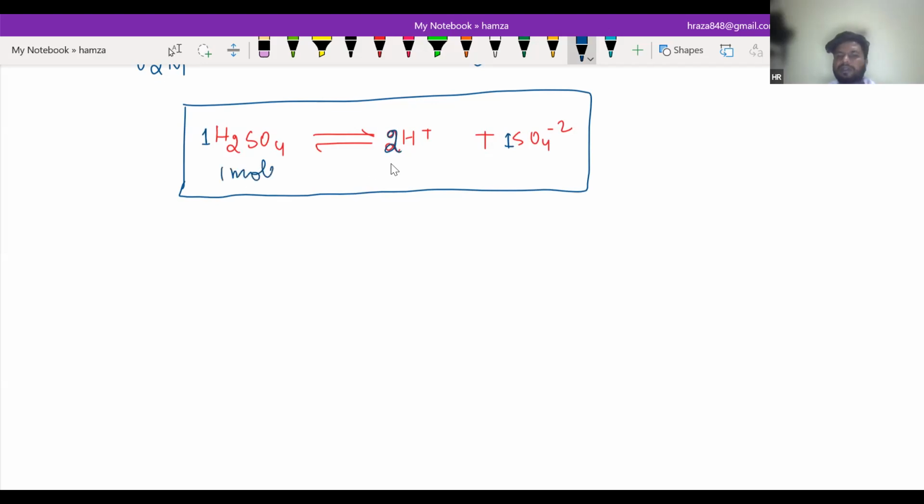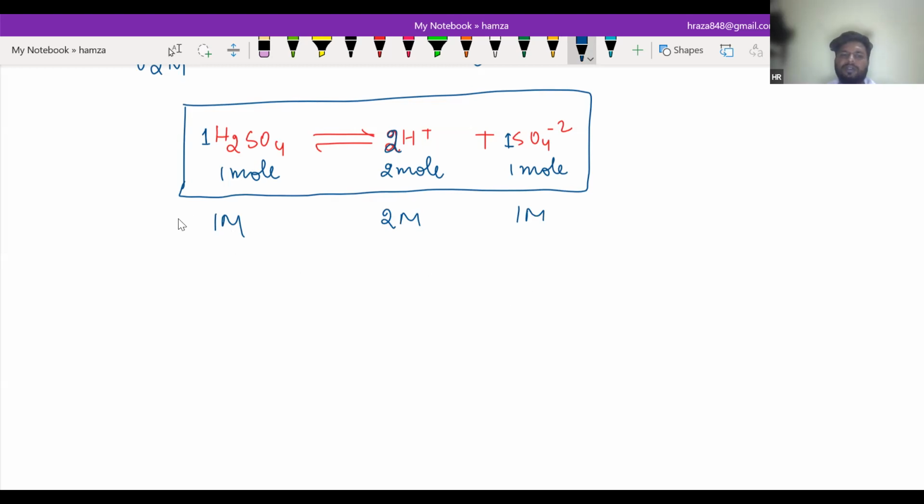So 1 mole of this will give 2 moles of this and 1 mole of this. In the same way we do for molarity. In place of mole, we take 1 M, capital M, 2 M, and 1 M.